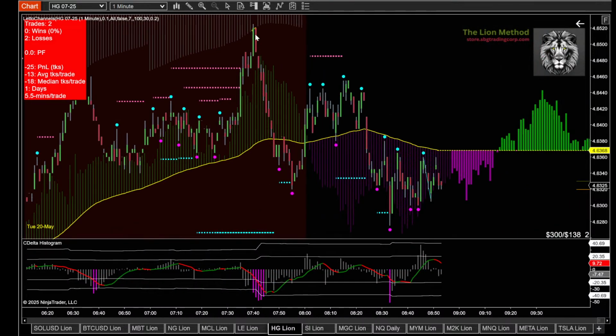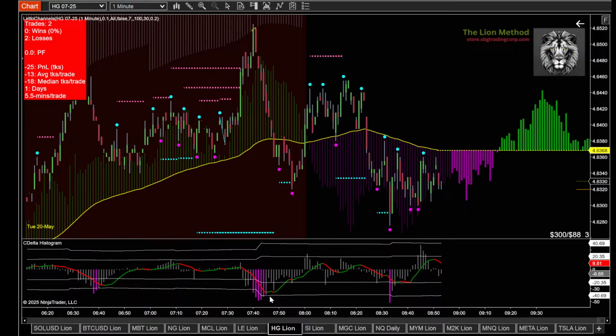Now we do go overbought here. However, there is no magenta dot in the recent past. There's one here, but I wouldn't have gone short here because you don't want to go short when you're below the 100 on a rising trend. That's not something I would do.